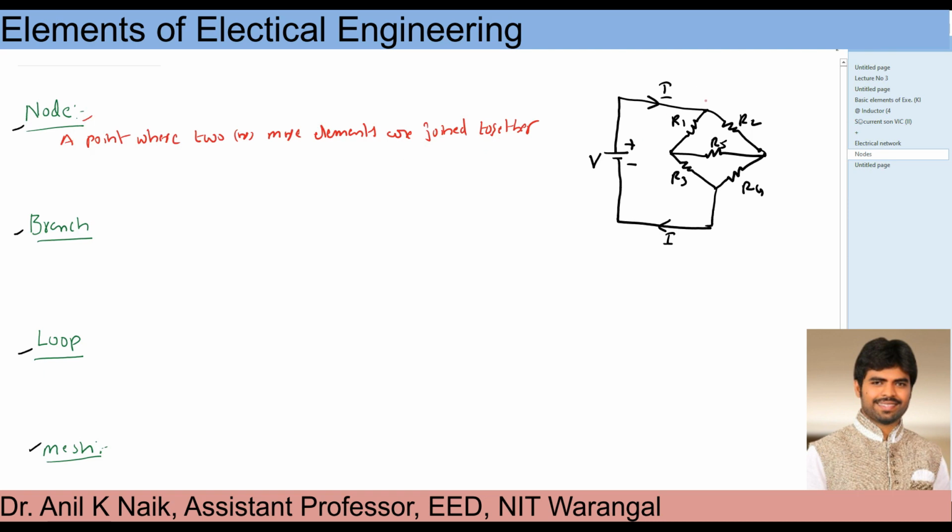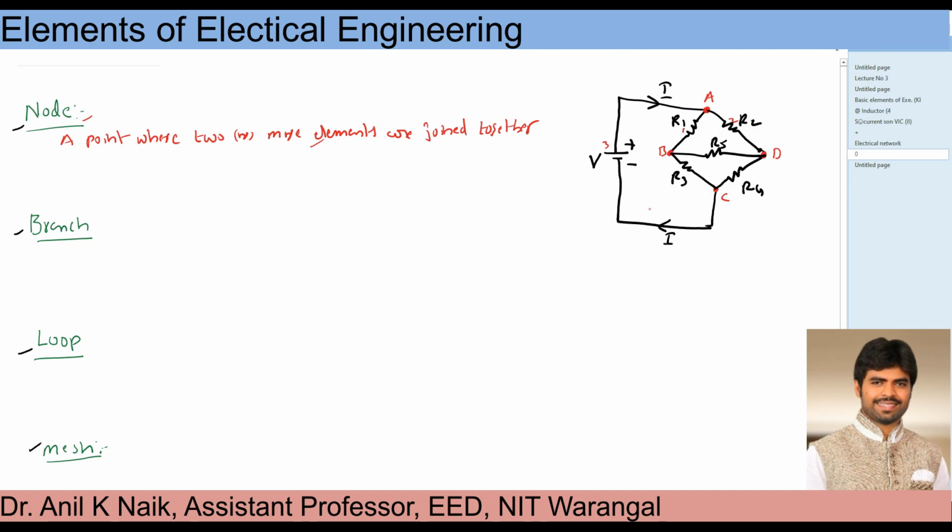Now if you identify here, at this particular point, 1, 2 and 3 elements are connected. So this satisfies my statement, so I can make it one node, node A. If you take this joining point here, R1, R5 and R3 are connected. So this is also one node. Take this point here, R3, R4 and the voltage source are connected at this joining point. I can take this as one node, and at this point R2, R5, R4 are connected. So this is also called a node.